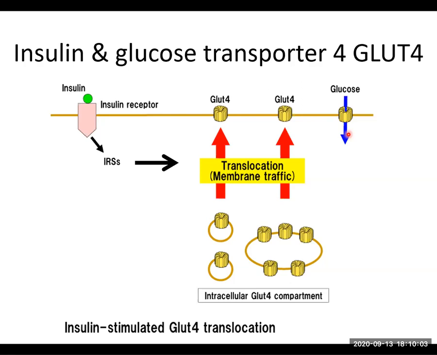So that's one thing, GLUT4, this number you need to memorize. And what cells? Adipocytes and the muscle cells. In the muscle cells, it's converted into glycogen. In the fat cells, in the adipocytes, it's converted into triglyceride. So you need to know this.